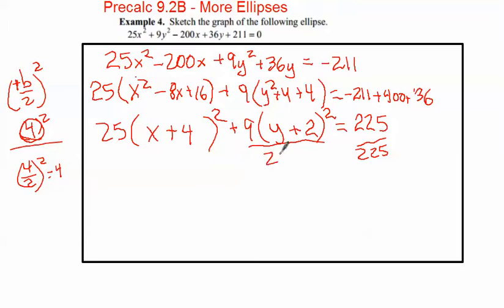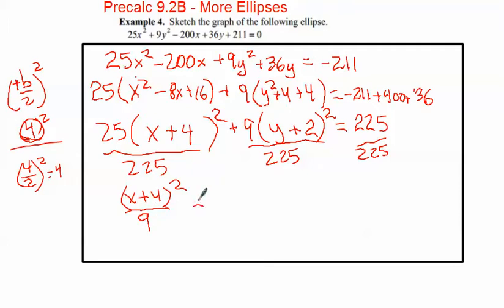Working on the tablet tonight, not quite as nice to write on as my interactive whiteboard. So everybody knows 225 divided by 25 goes into 225, and we end up with x plus 4 quantity squared over 9.